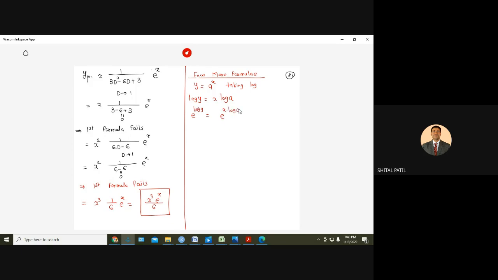So log and e will cancel. So a raised to x is always equal to, remember this. Similarly, what is a raised to minus x?